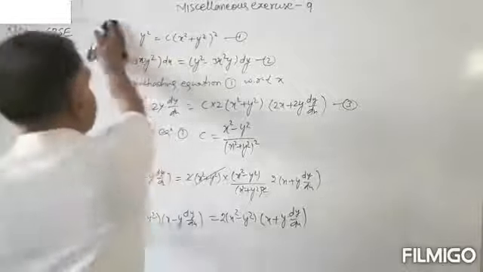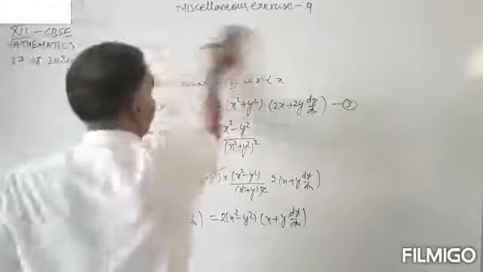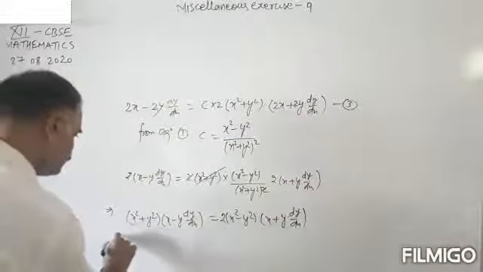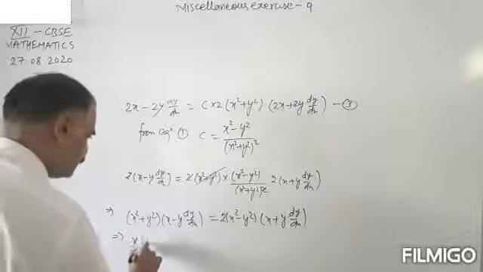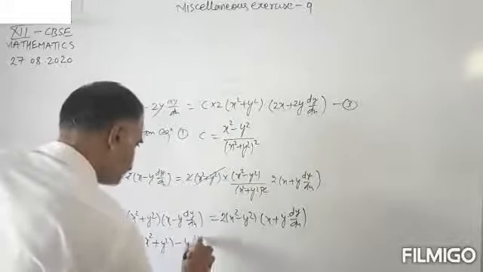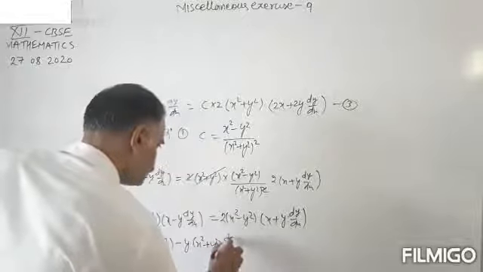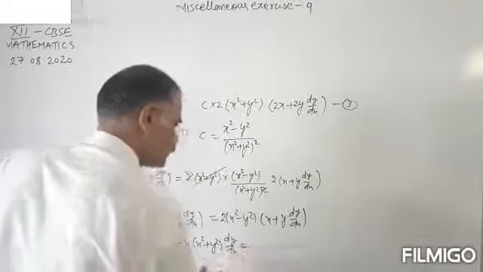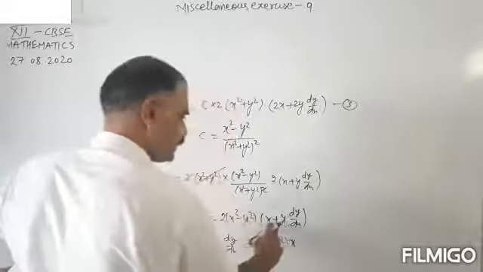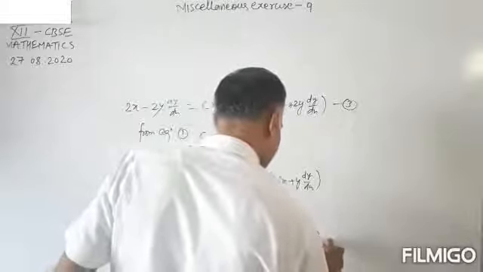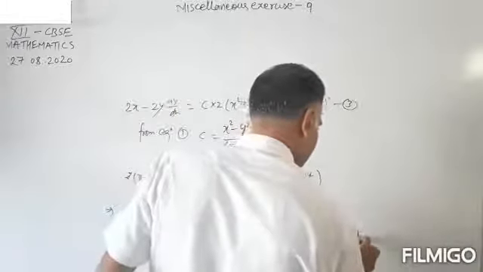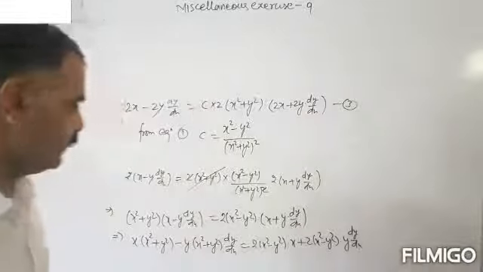Now multiplying this, we have x into (x square plus y square) minus y into (x square plus y square) dy upon dx, equal to (x square minus y square) into x plus (x square minus y square) into y dy upon dx.